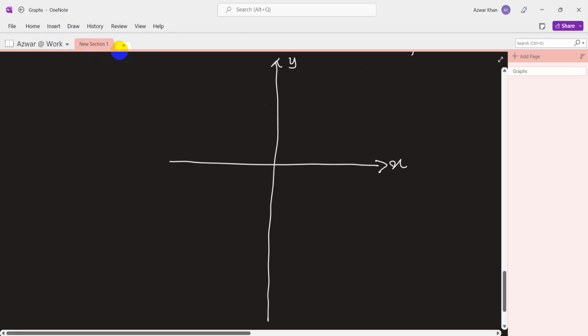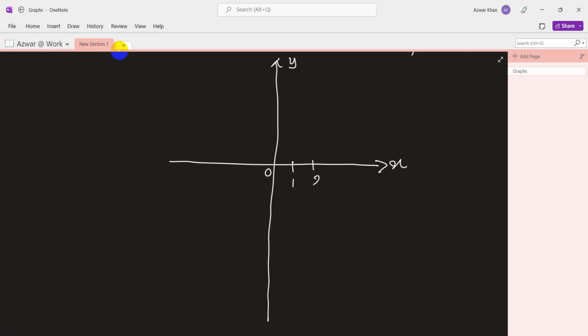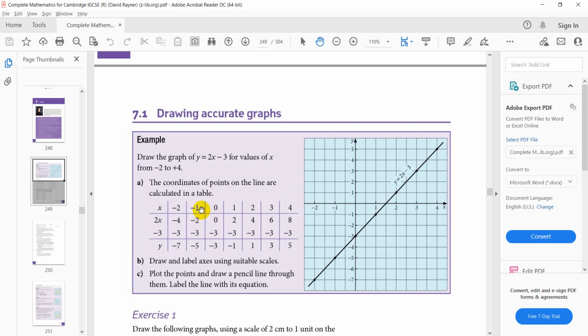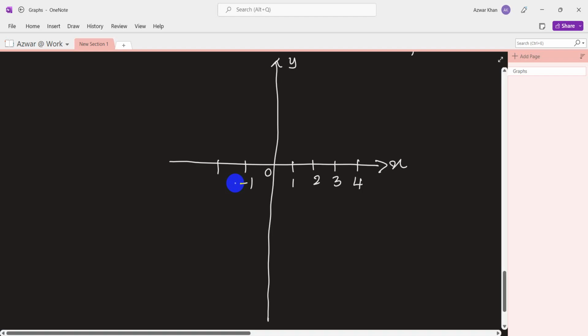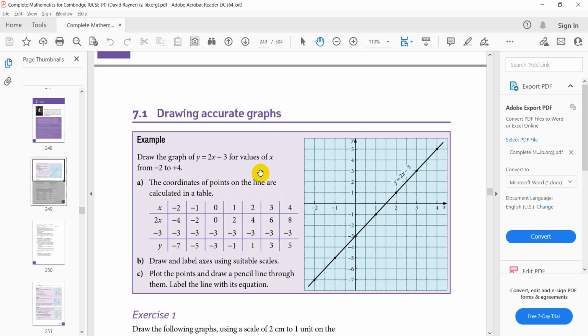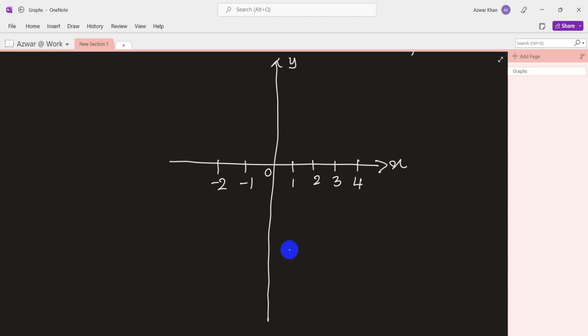This is my y-axis. So 0, 1, 2, 3 and 4. This is my positive values, and the negative range goes up to -2. Similarly, for y values, the positive values go up to 5.